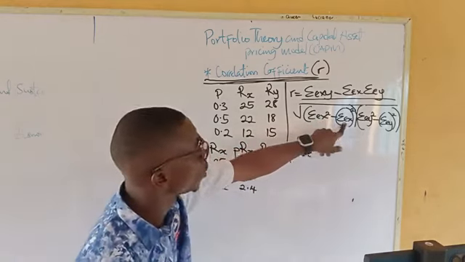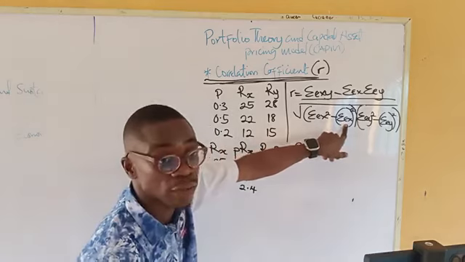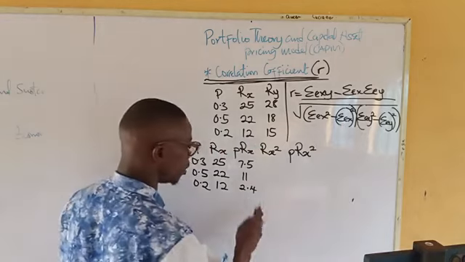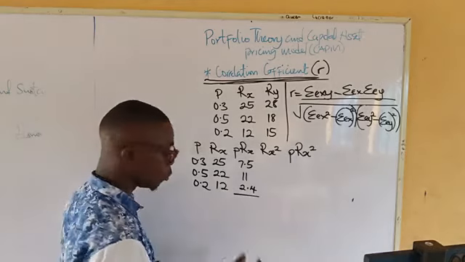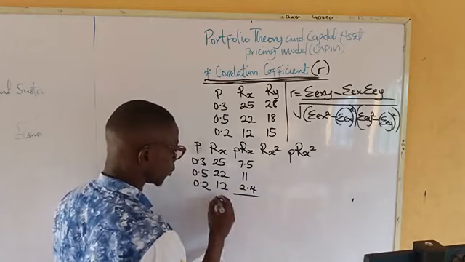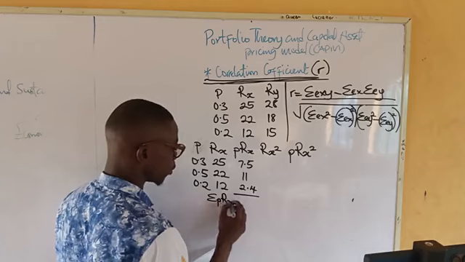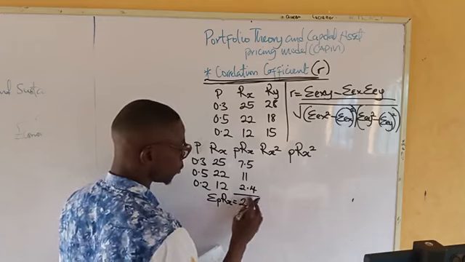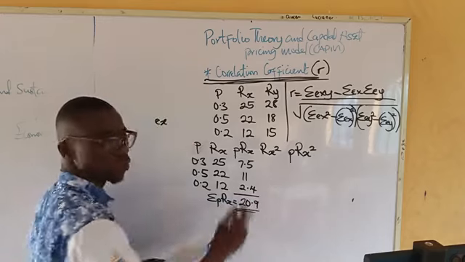Let us sum this together so that we know we have to look for this variable. So summation P gives 20.9.